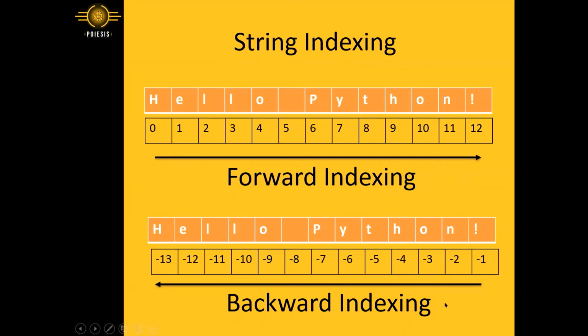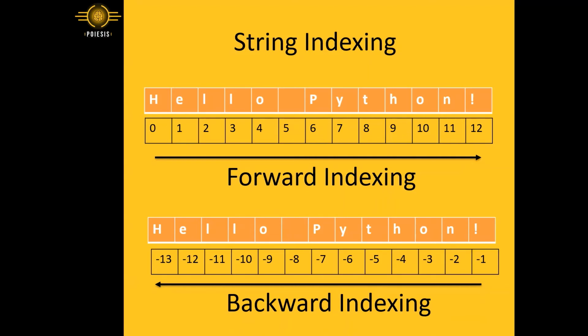Similarly, backward indexing is also supported in Python, but in backward indexing, the numbering starts from the right hand side. The rightmost member of the string gets positional number -1, and since we are starting from -1, the leftmost member will get positional value -13.